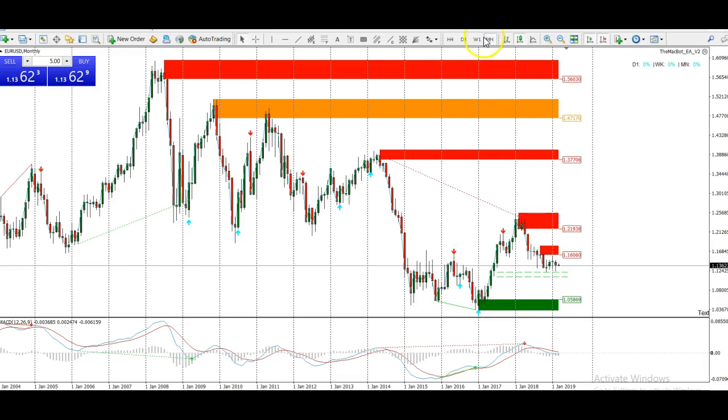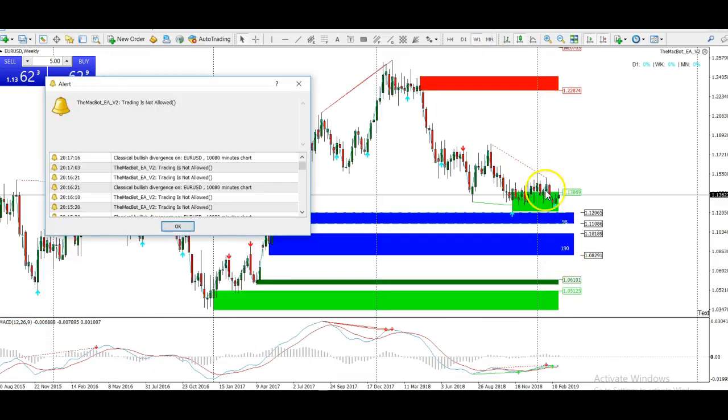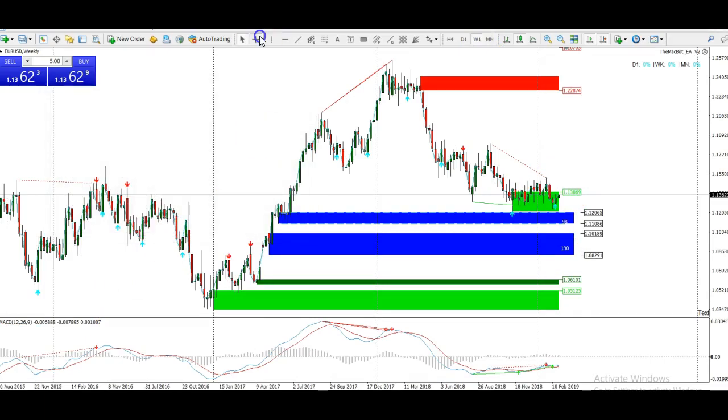Okay, so at the minute it's just accumulating inside this range, anticipating a breakout. So we'll just wait for the breakout and wait for a retracement back to the breakout area, and then we can look to get in on the move. But at the minute it's good for day trading or short swing trading.